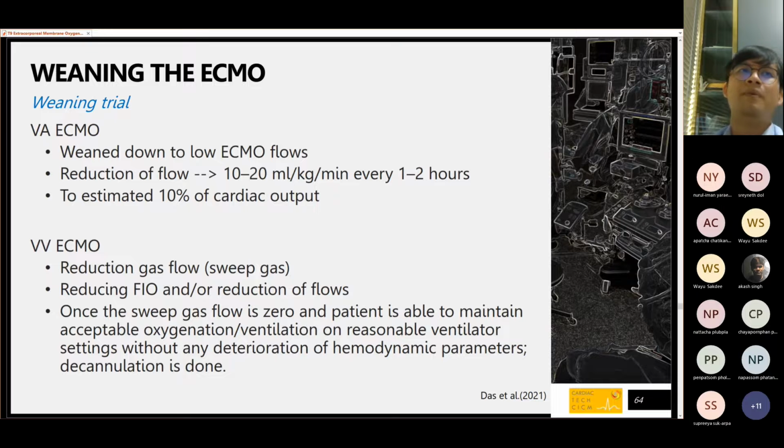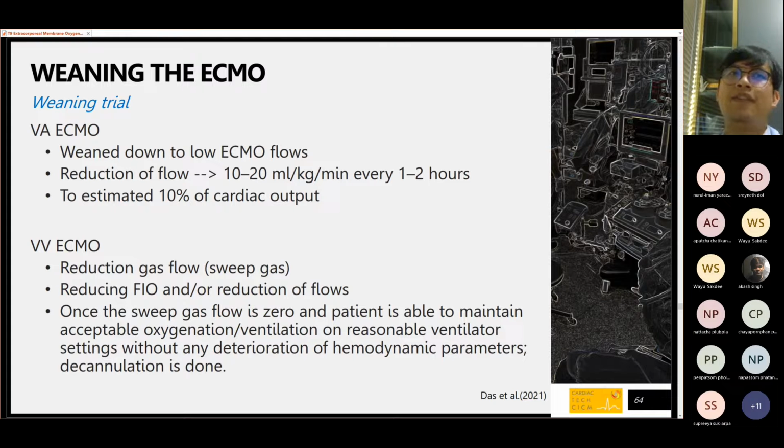But for VV ECMO, we try reducing the sweep gas and FiO2, because the main function of VV ECMO is only gas exchange.